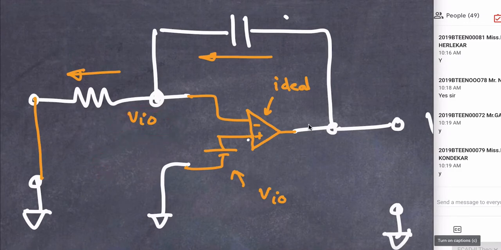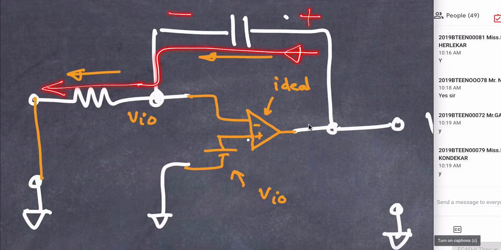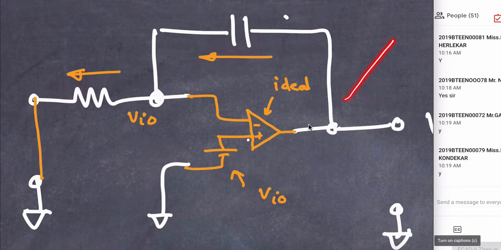If the current is this way, from right to left, it will come from capacitor. The capacitor will charge this way, the output will be positive, and since it is charging with a constant current, the output voltage will rise and will settle to plus V sat.